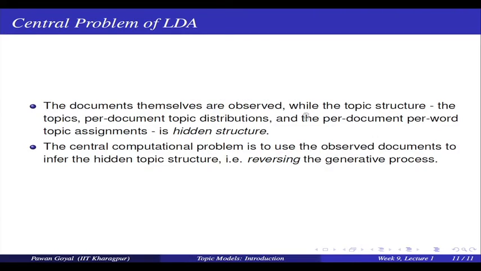I do not know any of this a priori. So, this is all my hidden structure. The central problem of LDA is to reverse the generative process and use the observed documents to infer the hidden structure. Can you infer that by seeing only the observed documents? This is also called reversing the generative process, and that is the central problem of LDA.